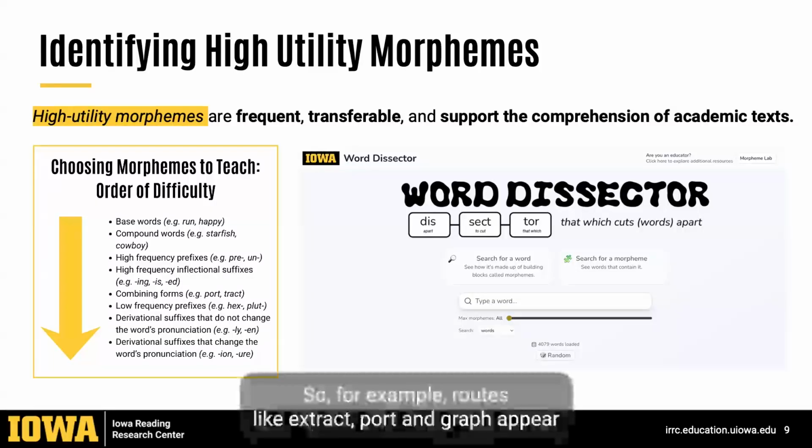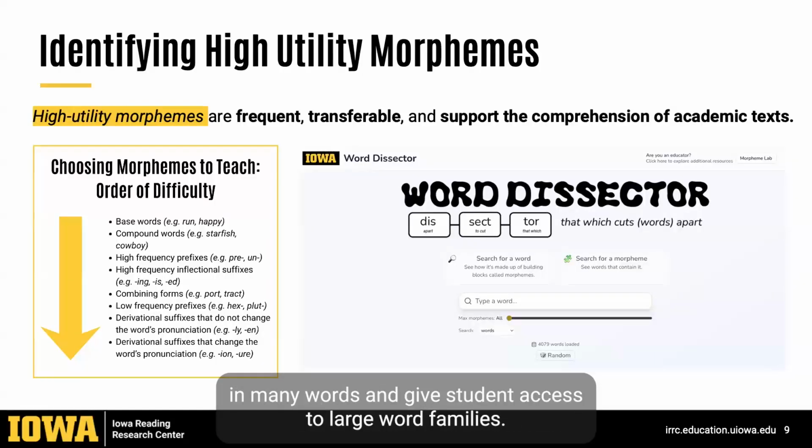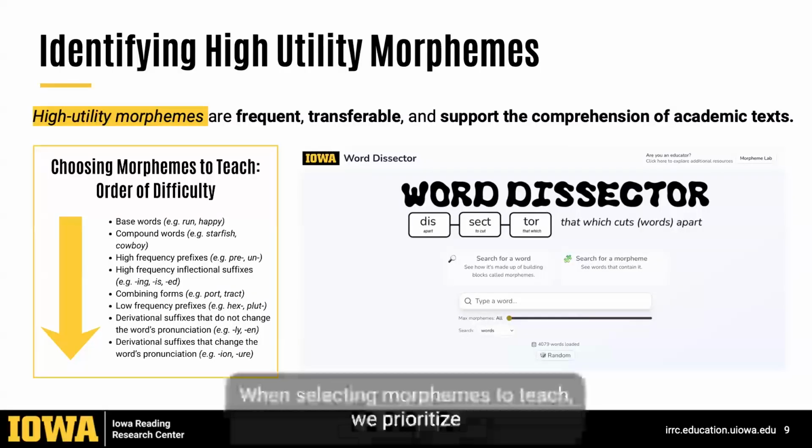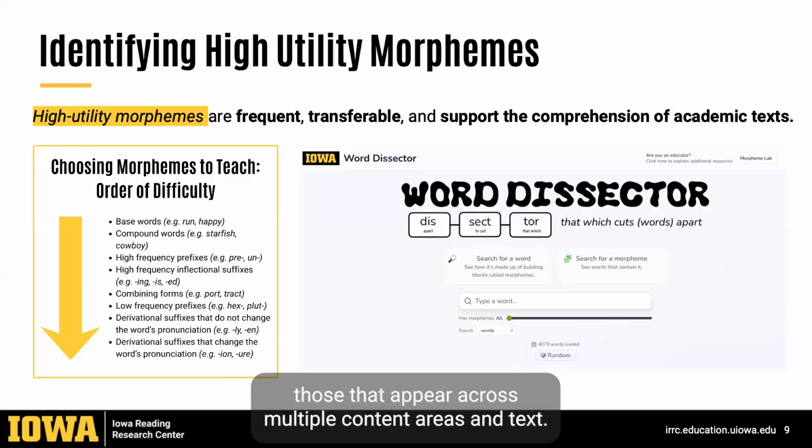So, for example, roots like struct, port, and graph appear in many words and give students access to large word families. When selecting morphemes to teach, we prioritize those that appear across multiple content areas and texts.